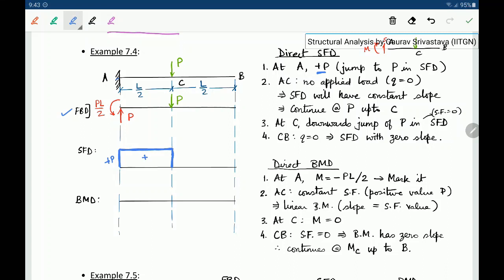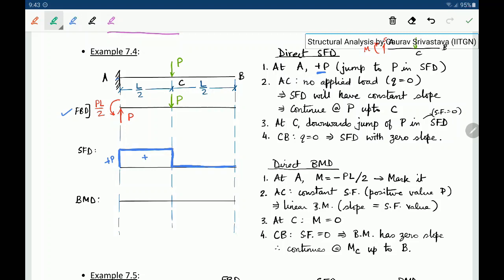So basically it comes back to the horizontal axis. Okay, and then from C to B again there is no load intensity, and hence the slope of the shear diagram will be 0. And since the value at C is 0, it will continue at 0 value. Okay, so this becomes the shear force diagram for this particular beam.